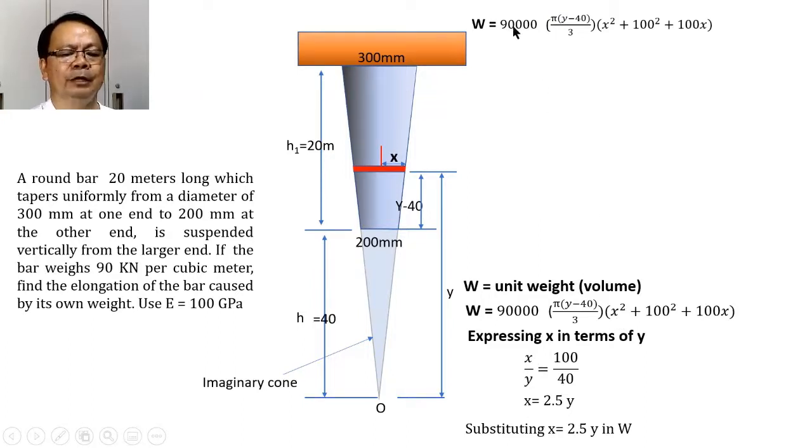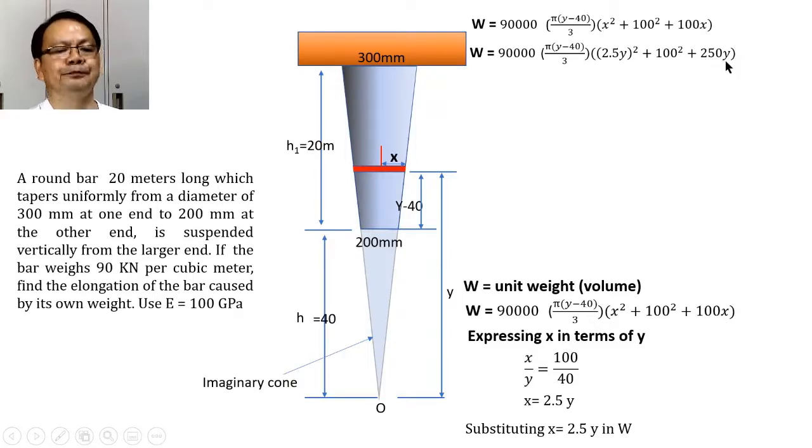I will have 90,000, kinopya ko lang ito. Kinopya ko rin itong bahagi ito. Pi times y minus 40 divided by 3 times x squared plus 100 squared plus 100x. Ito yun. Isa-substitute natin ngayon itong x, which is equal to 2.5y. So, our equation becomes: this value of x becomes 2.5y squared plus 100 times 2.5y, or 250y.